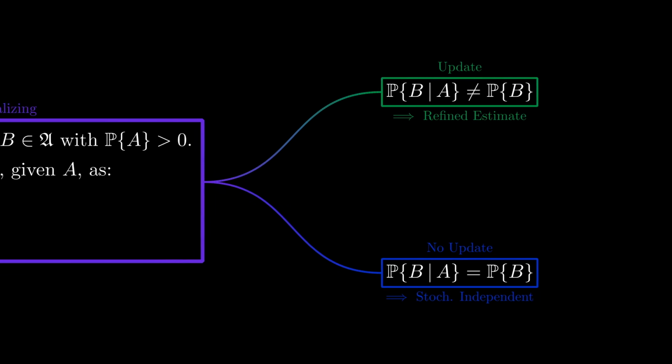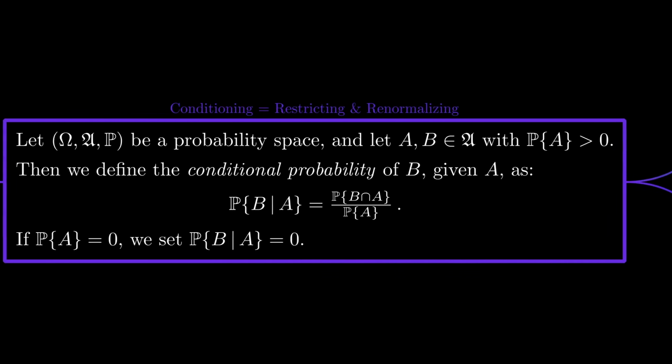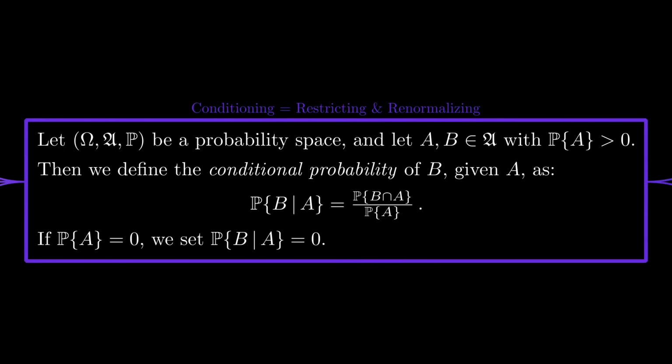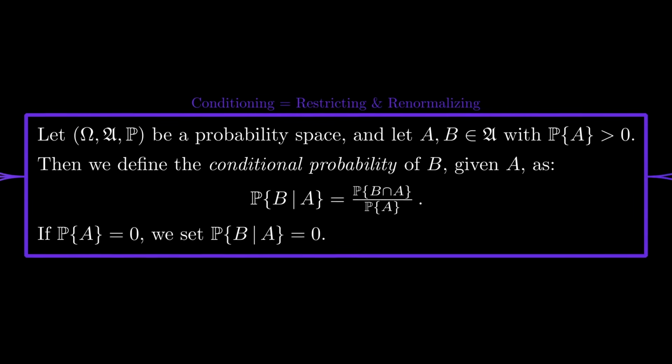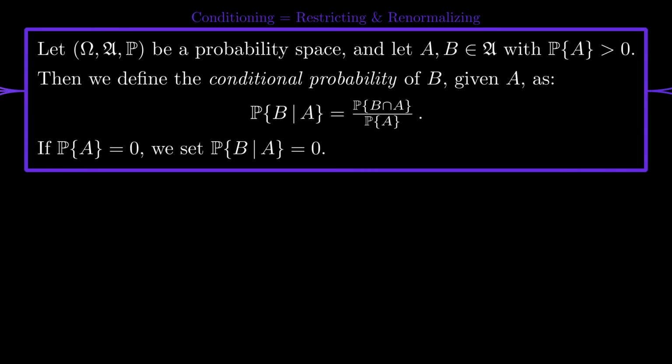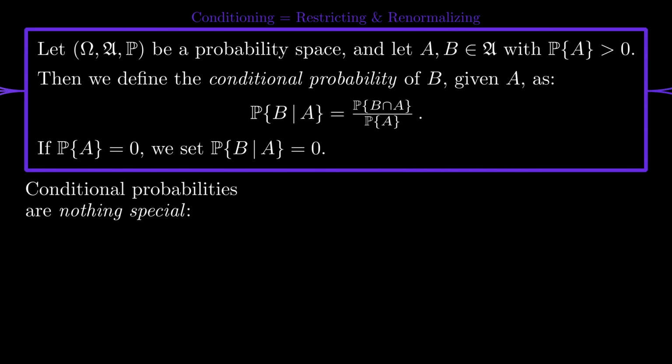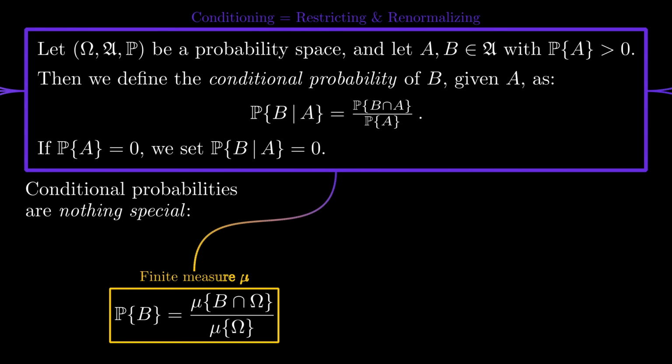And I think it's important to pause here for a second and realize that when we are computing conditional probabilities, we are not magically cooking up new probabilities. Rather, we are only discarding everything that is incompatible with the given information at hand. And I think this is important to realize, because then you see that the way of computing conditional probabilities is really just the same as the way in which we could obtain a probability measure from a given finite measure.